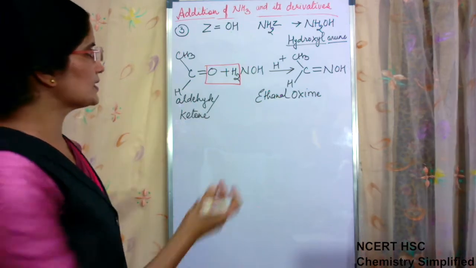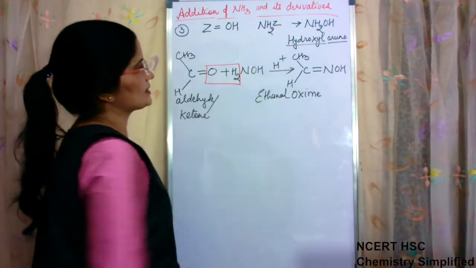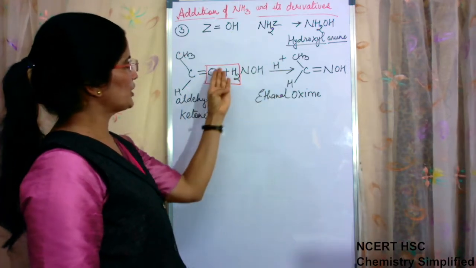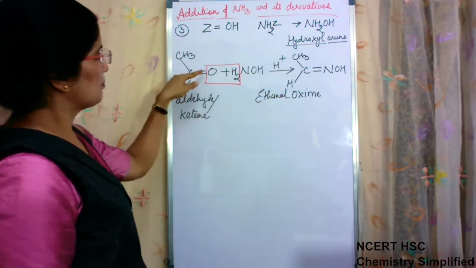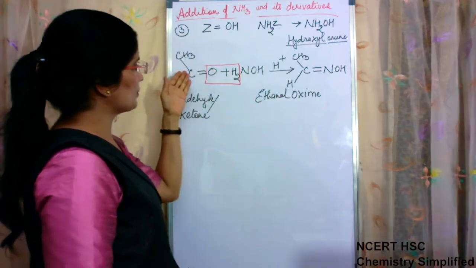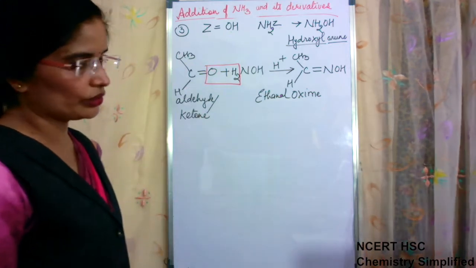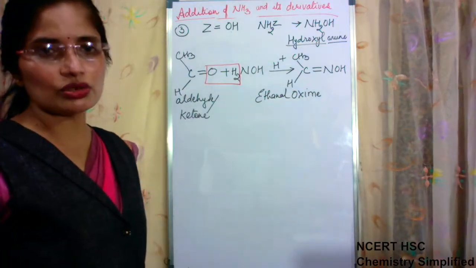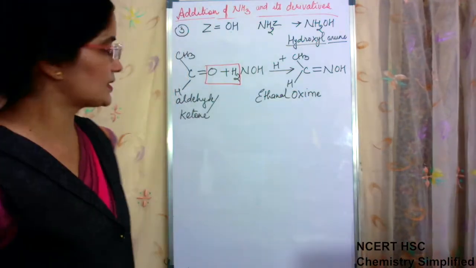So because of that reason, the medium is acidic. If it is bonded to H positive, it will break this bond more easily, and carbon will be free to be attacked by the nucleophile. So these addition reactions of ammonia derivatives are also nucleophilic addition reactions.